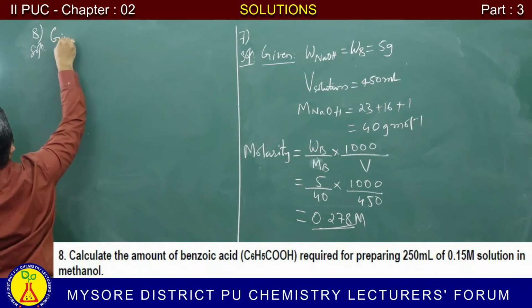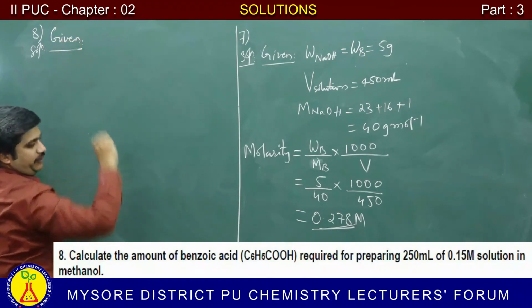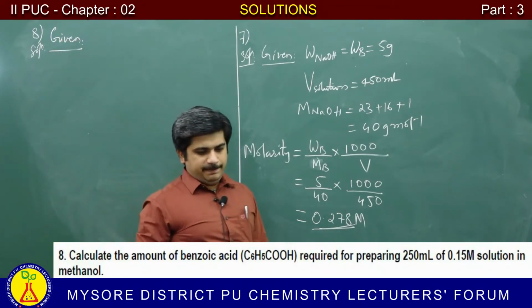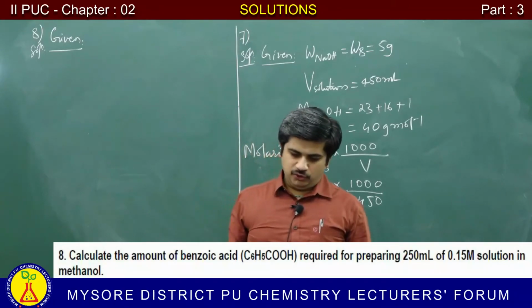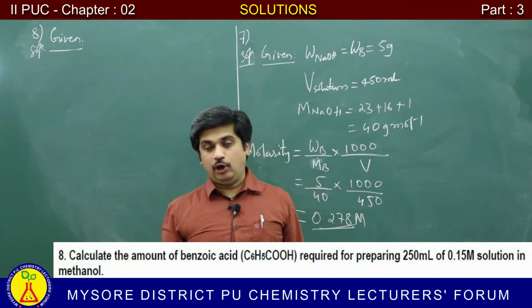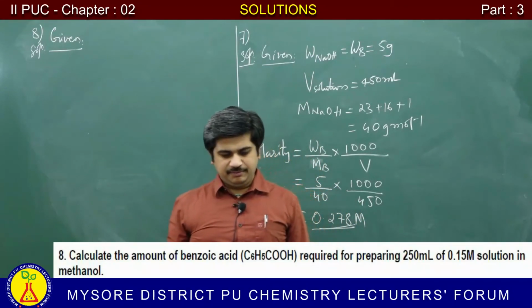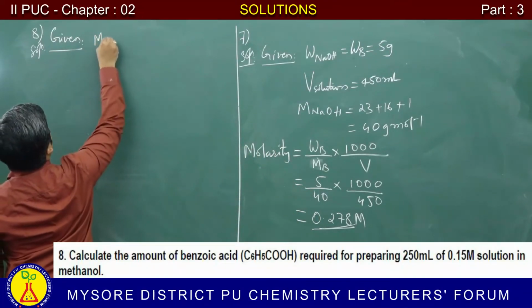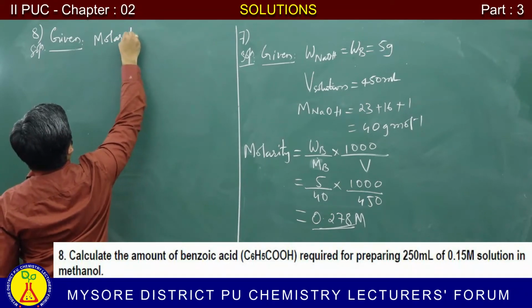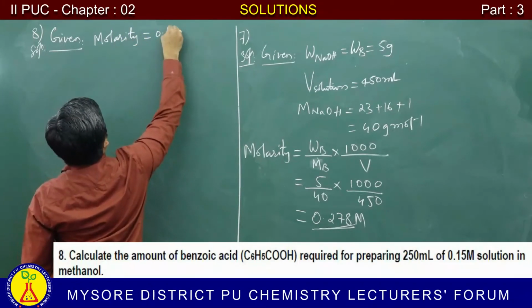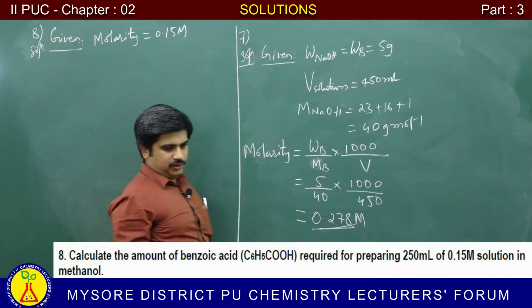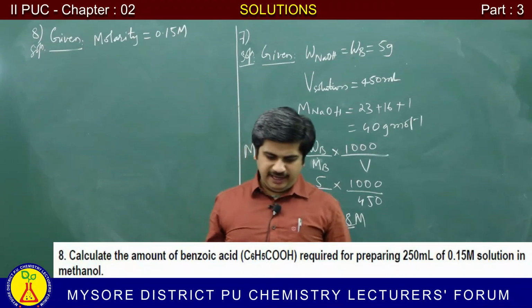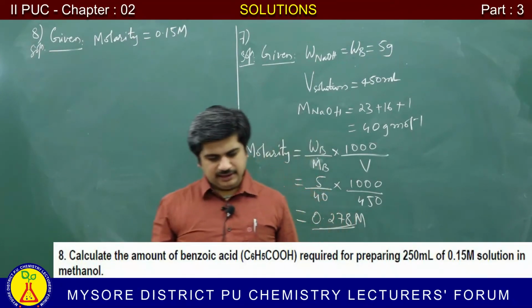What is given? So we have a solution of benzoic acid which is prepared in methanol. Molarity of the solution is given to be 0.15 molar.